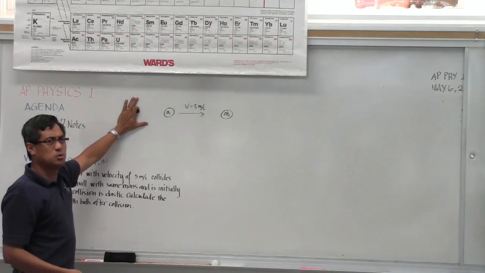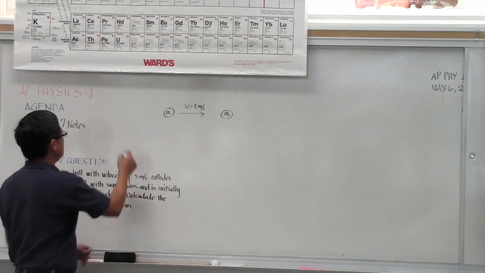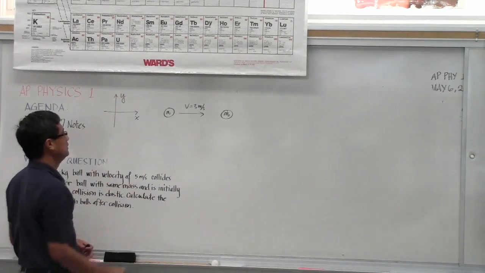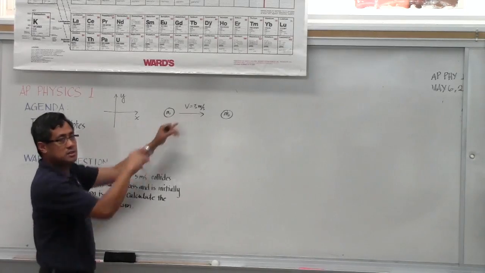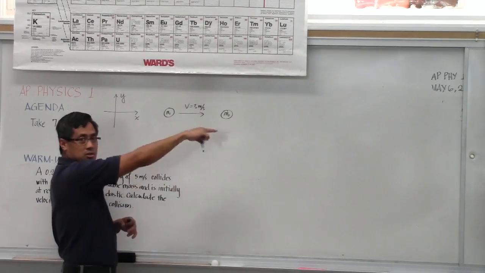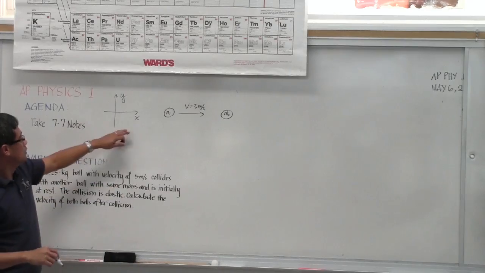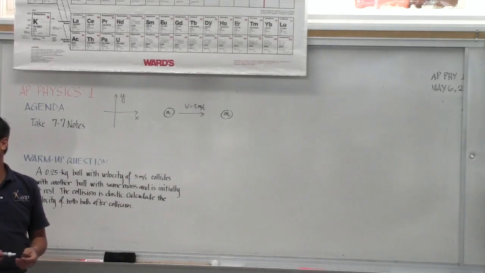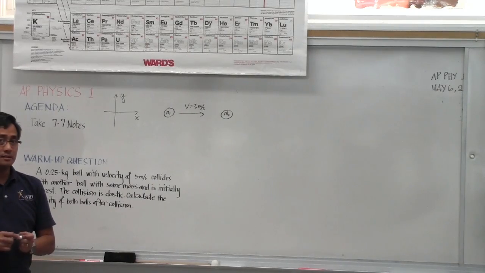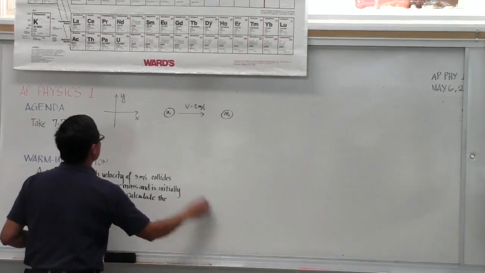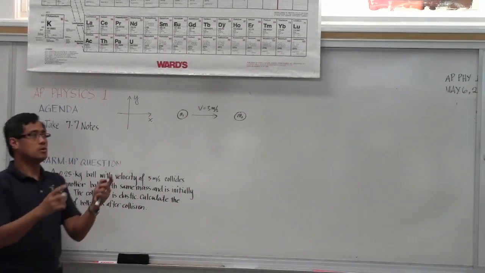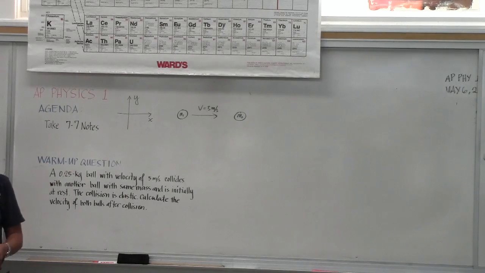If we use the Cartesian coordinate system wherein this is x, that's y, this velocity is going to the right, so it's all x. Does it have a y velocity in the first place? None, because it's just rolling to the right. So what is its momentum on the y-axis?